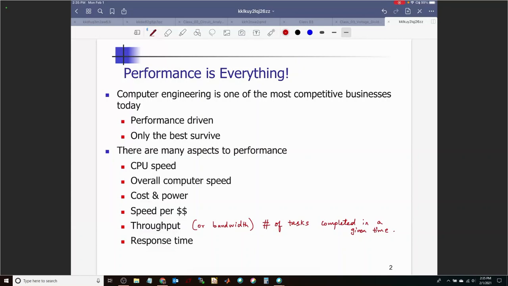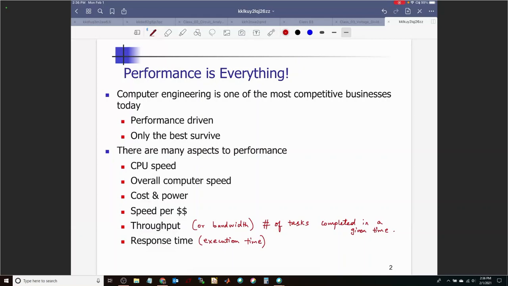Response time is another metric in which you could quantify performance. What is response time? Also called execution time. Well, this is the time it takes from the start of a task to finishing a particular task. So this is just one task, right?